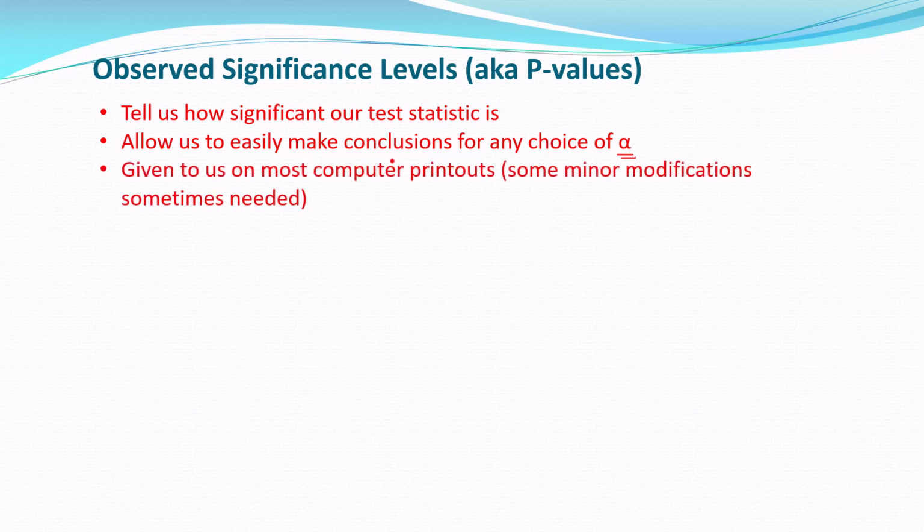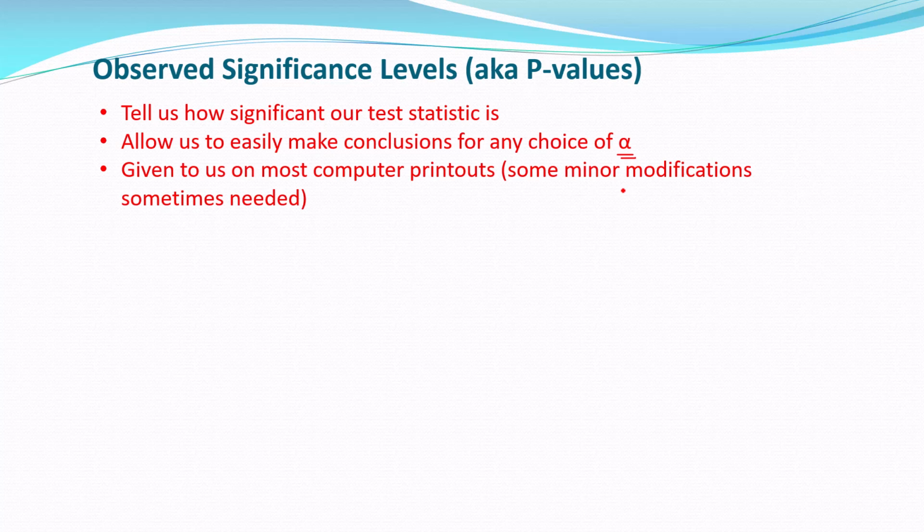We can do it, but it's easier when we're working with p-values. And the number one reason we love p-values, I feel like I'm giving you a top 3 list here, is that they're given to us on most computer printouts, and you can see in parentheses here, some minor modifications are sometimes needed. Typically, most software will give you p-values. Excel does a pretty good job of giving us what I want. When I've written some templates for you, or as I'm going to write templates this semester, I typically give you the p-value that you want on that template.